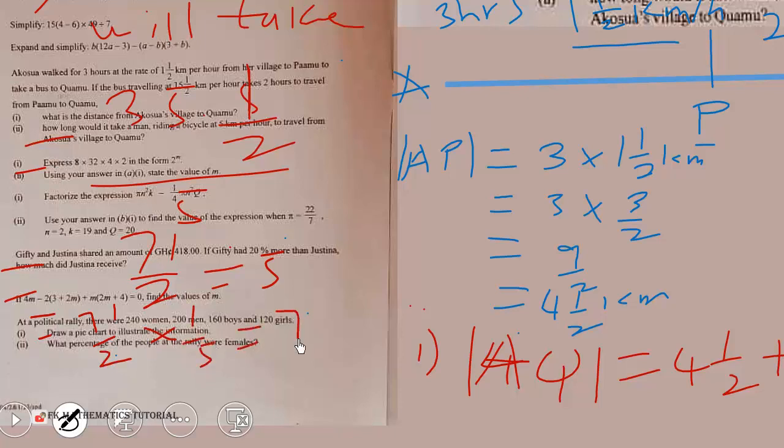So this will give you 71 over 10, which is the same as 7.1 hours.